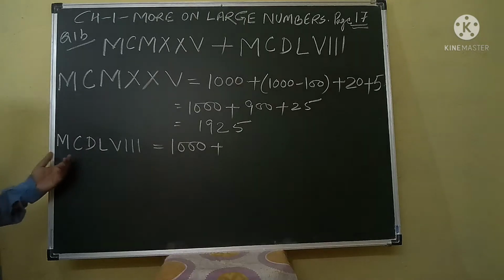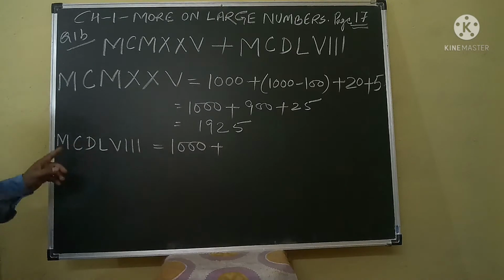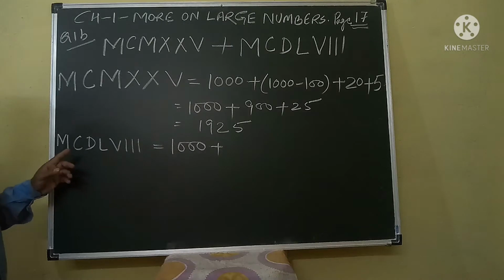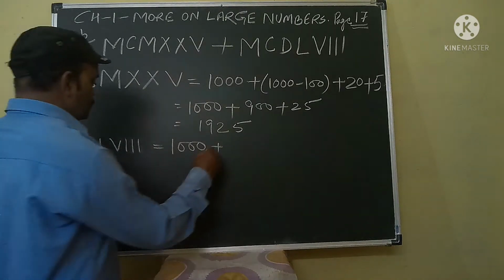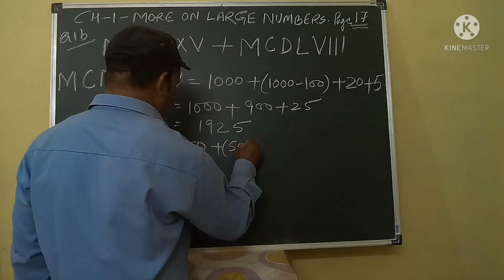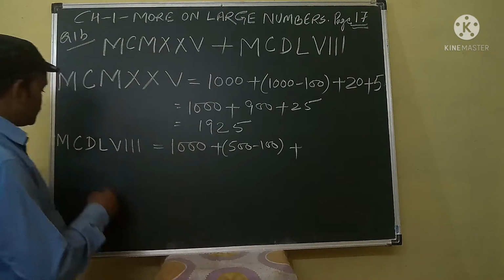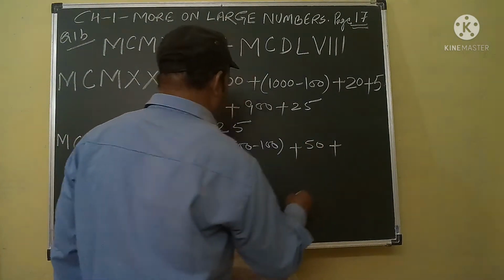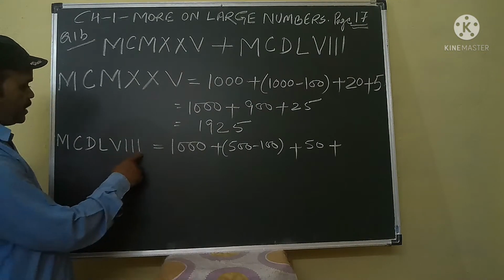So what will we do? In that condition, smaller value is subtracted from bigger value. CD means 500 minus 100, plus L stands for 50, V stands for 5, 6, 7, 8.